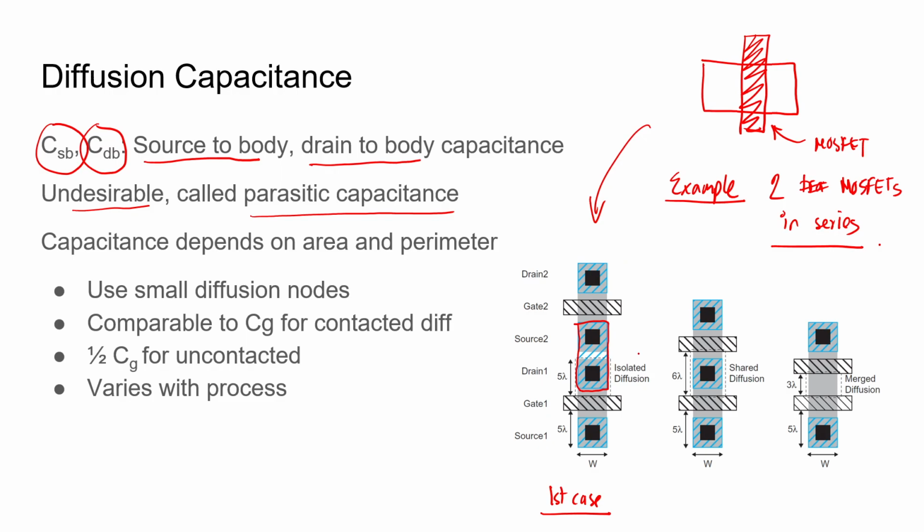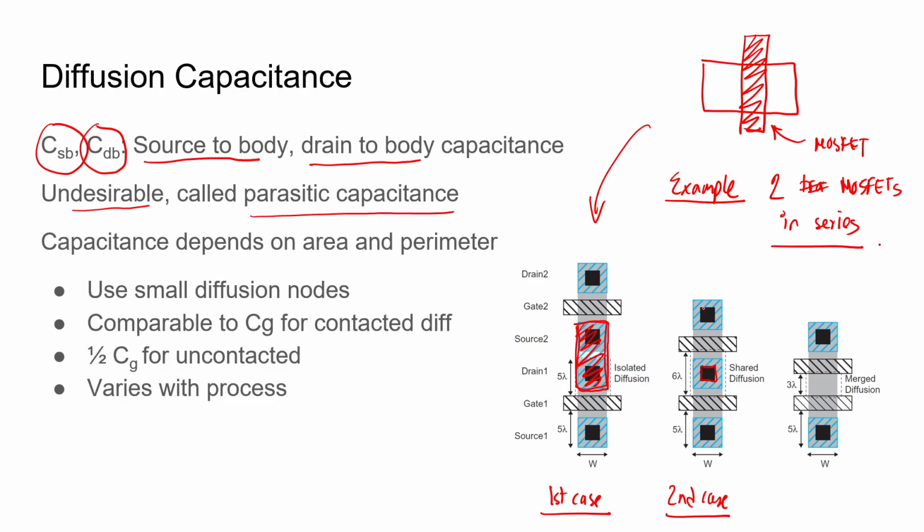So we can see that the area of the diffusion layer is very high in this case, because we need this much area for the diffusion layer. And in the second case, we have a shared diffusion layer, but we also have a contact in between. So because there exists a contact in between, we need to maintain some aspect ratio or maintain some area.